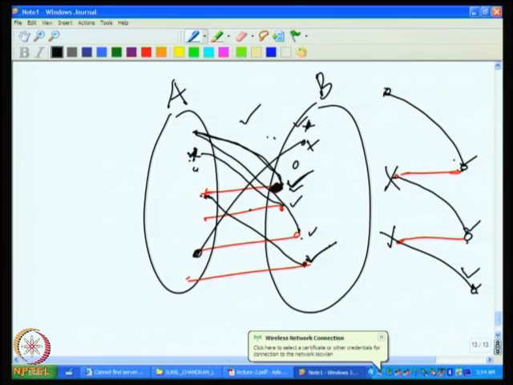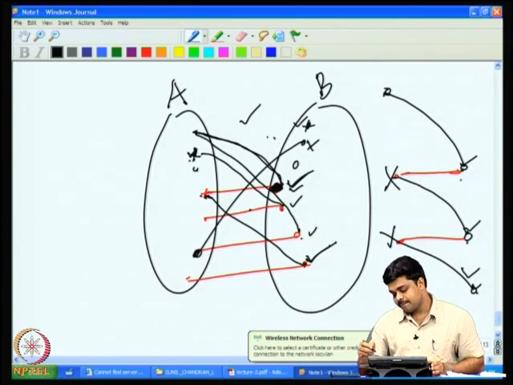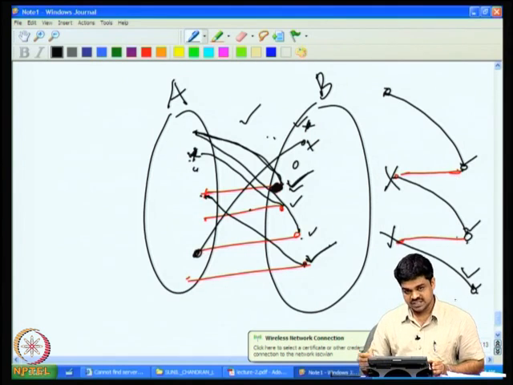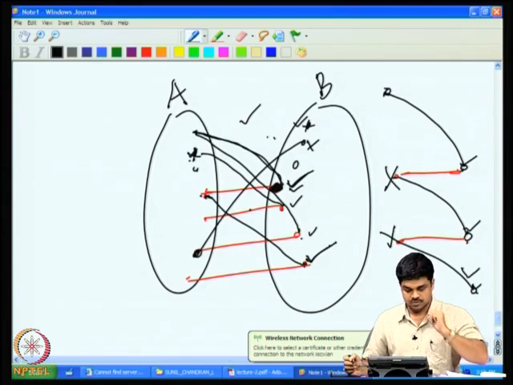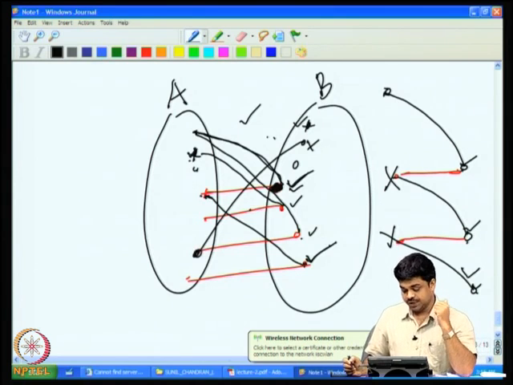So, all the vertices of B which are endpoints of a matching edge and are reachable by an alternating path starting from a vertex of A are to be selected, otherwise it is not possible. And there is another issue here.